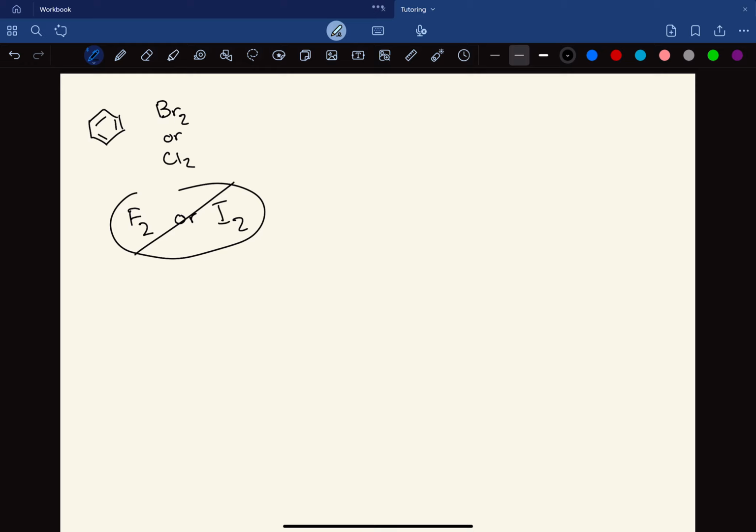So this reaction is done with Br2 or Cl2. And their end product would be the original aromatic compound with a halogen attached to it.